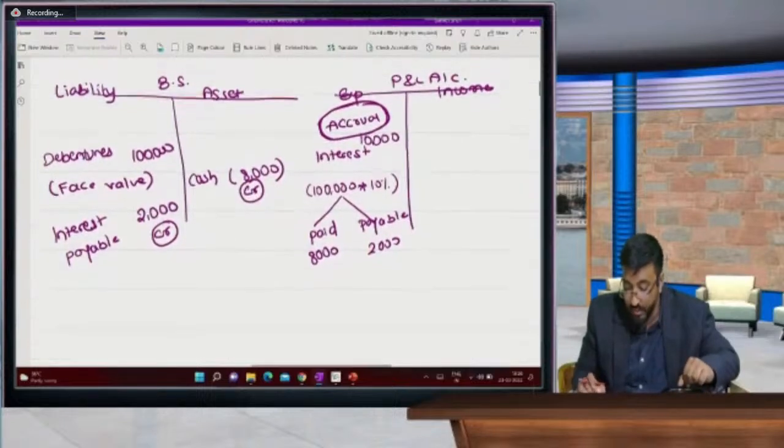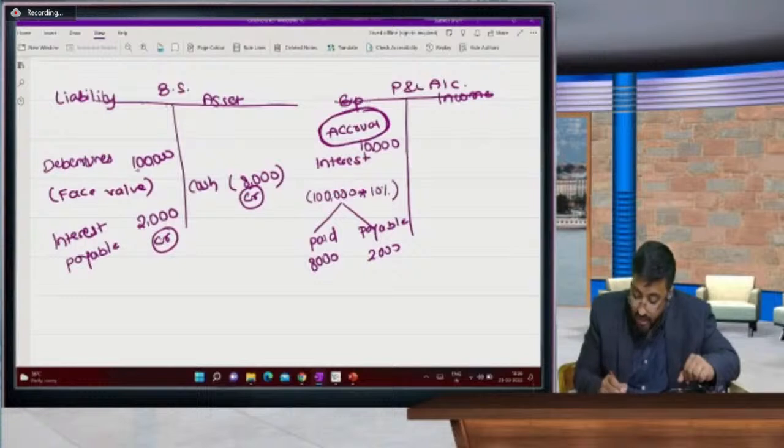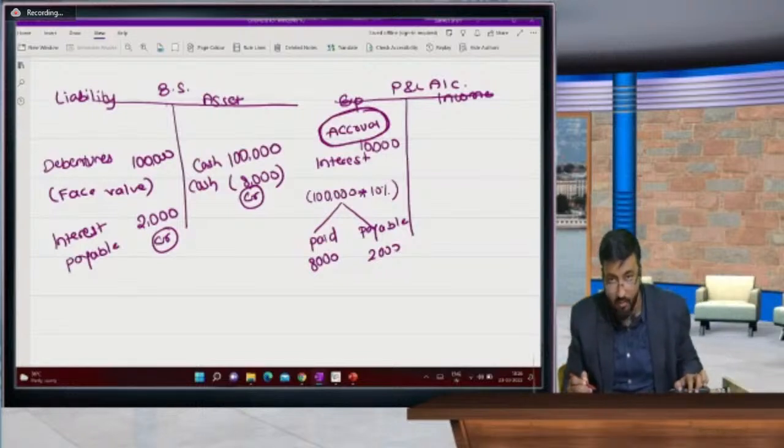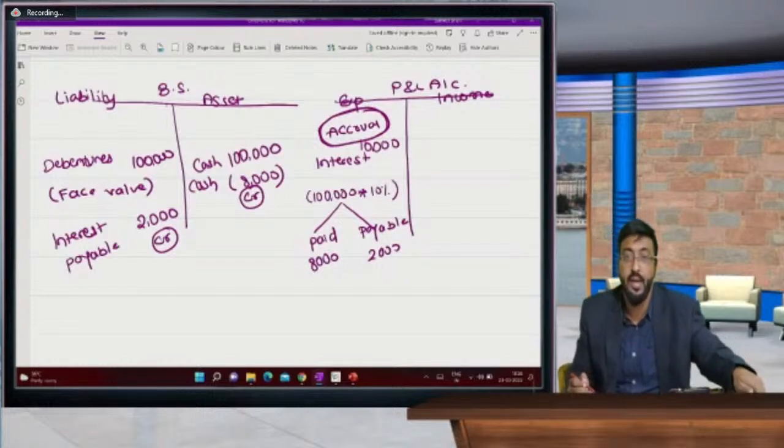So this is the second effect of debentures: cash is increased by 1 lakh, so credit. Interest is always based on accrual, so P&L is debited by 10,000, but remember, out of this you paid only 8,000 and payable on the liability side will be 2,000.